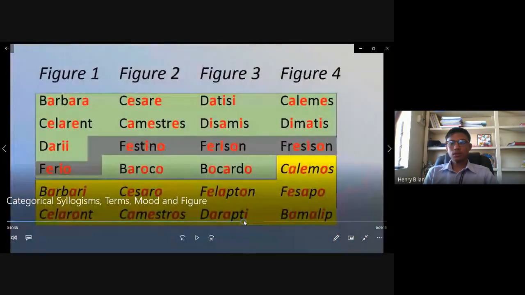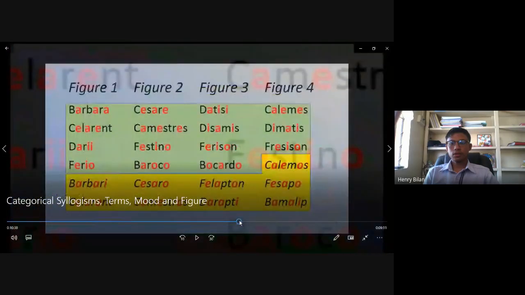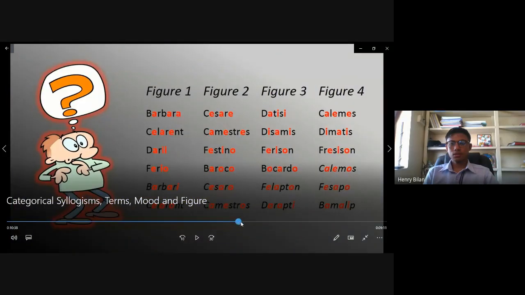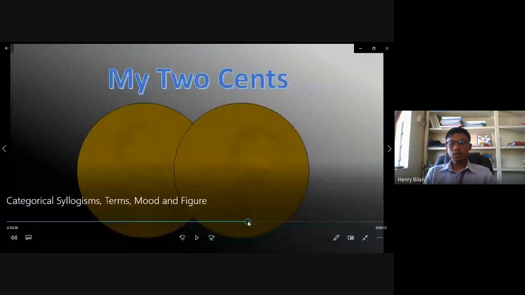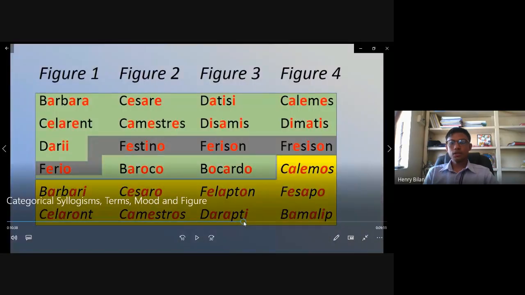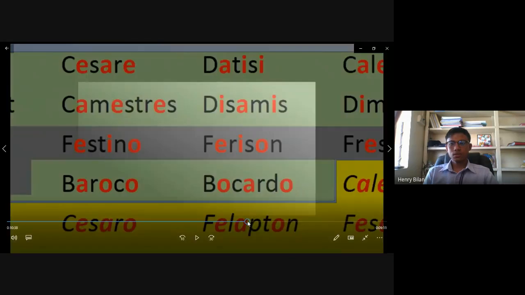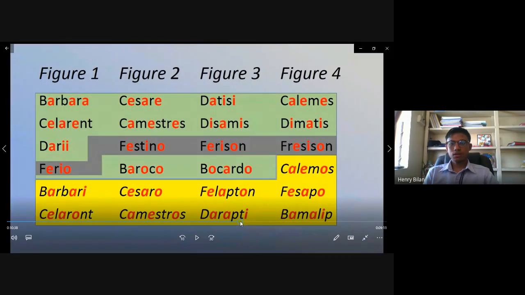So, here, I'm looking for the, yun, ito. So, take note of this. There are actually 15 unconditional syllogisms. 15.